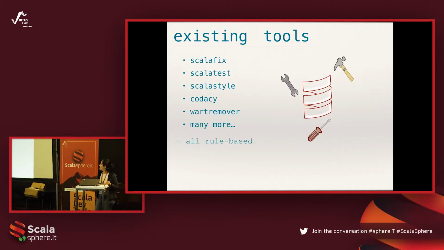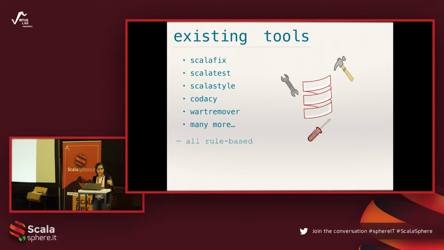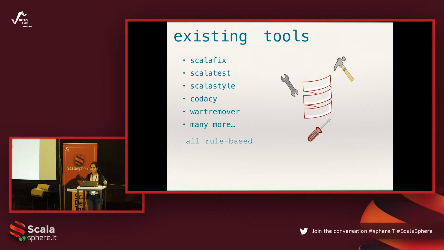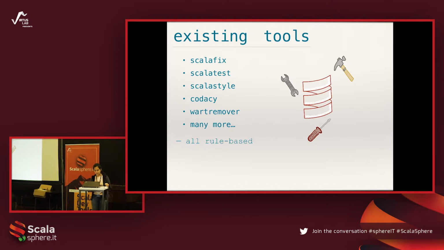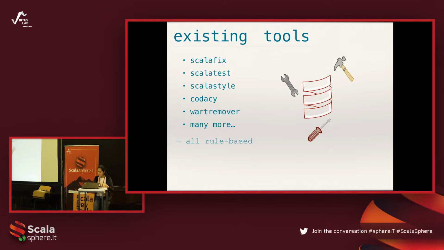All right. Since we're talking about using RNNs to kind of better understand code, it would be helpful to start with looking at some of the existing tooling in the Scala ecosystem. So here's a list of some of many of them, and I've used, I think, actually all of these myself, and they're wonderful.